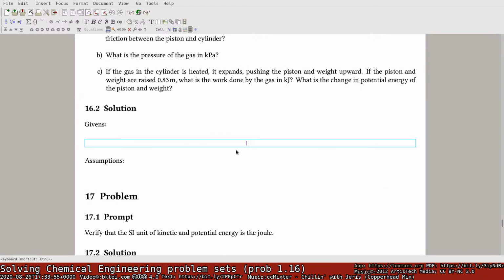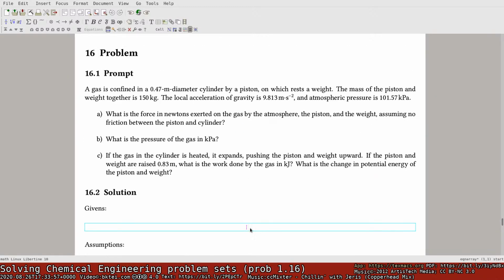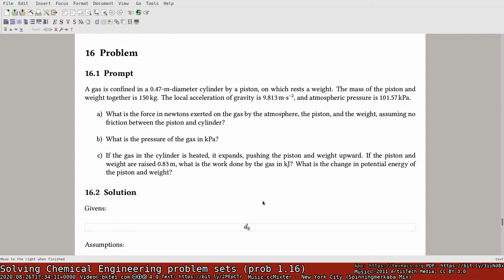Zoom out. So gas is confined in that diameter cylinder. So we got a diameter of a cylinder, d underscore cross-sectional area of the piston, and that equals 0.47 meters.